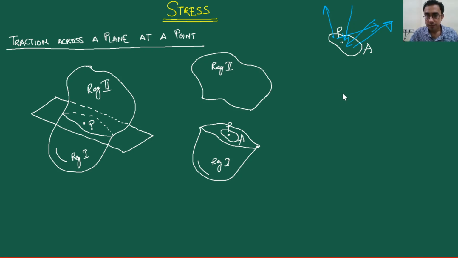So let me draw that. I'll redraw this little area A. Even though these two areas may be looking different, I hope you can accept the fact that they are just the same thing. Okay. So what I want to say is that this entire distribution of forces will be equivalent to maybe one force.